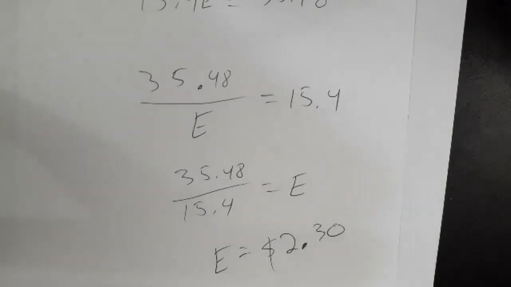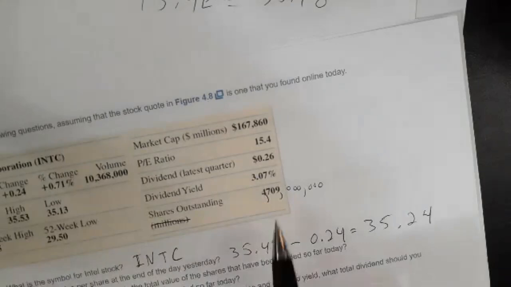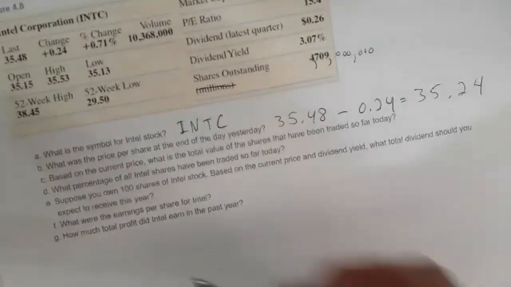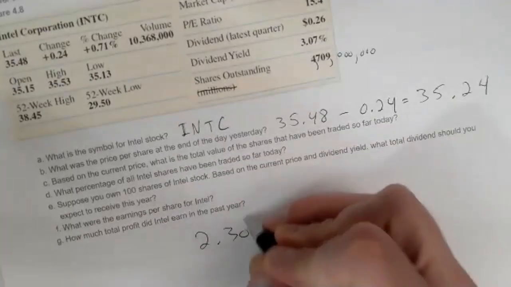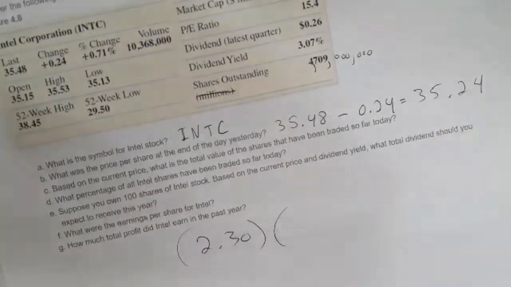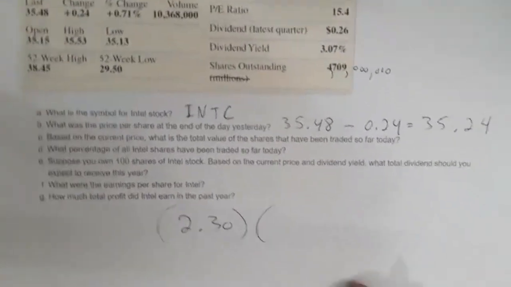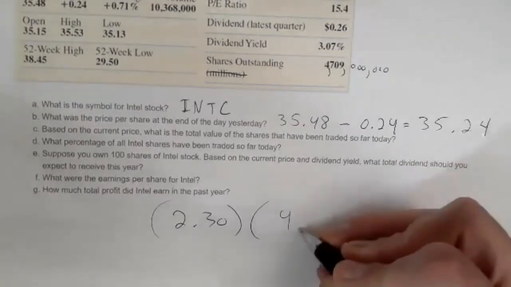And then the last one they want to ask is, how much total profit did they earn in the past year? So if they are earning $2.30 per share, and they got that many shares, how much are they earning? So this is the one where we take the earnings per share and we multiply it by the total number of shares that they have to figure out how much they earned.